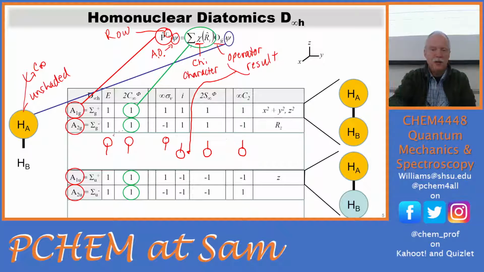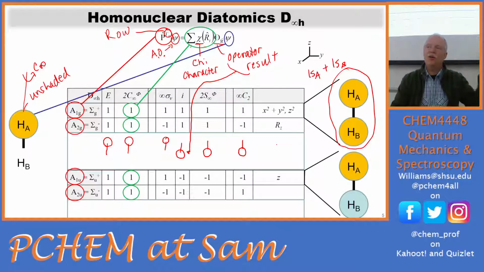And so when we add up all of these results, we have 3 results where the 1s on atom A is unshaded, and 3 results where the 1s is moved to atom B and it's unshaded. So this top row gives us this picture here. We have 1s on atom A plus 1s on atom B. It ends up being 3 plus 3, but the coefficient's really not important if they're all the same.